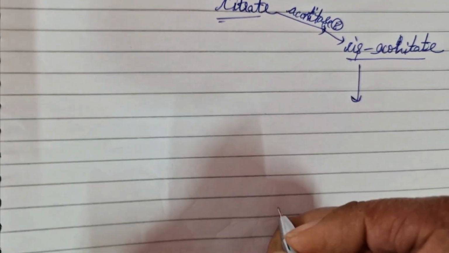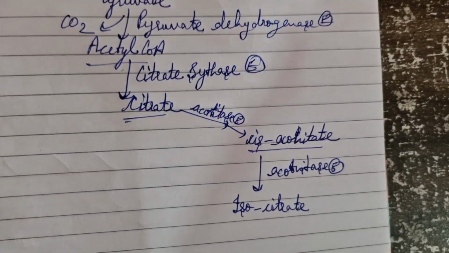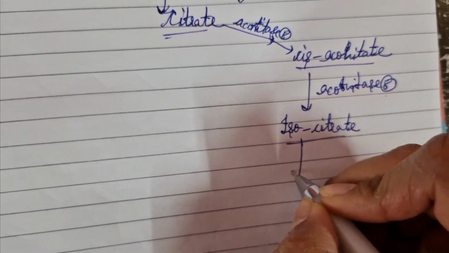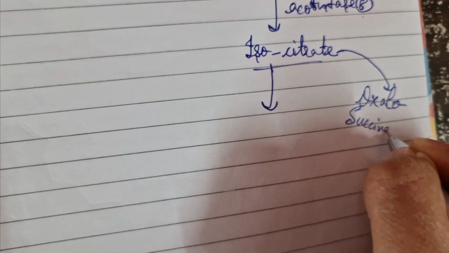Cis aconitate in the presence of aconitase enzyme gets converted into isocitrate. Now this isocitrate may undergo two pathways. Either it can get converted into oxalosuccinate, or in the presence of isocitrate dehydrogenase it gets converted into alpha ketoglutarate.